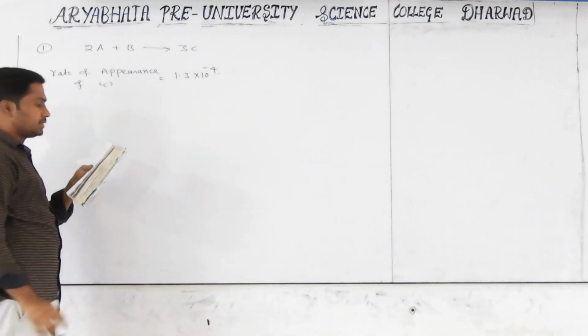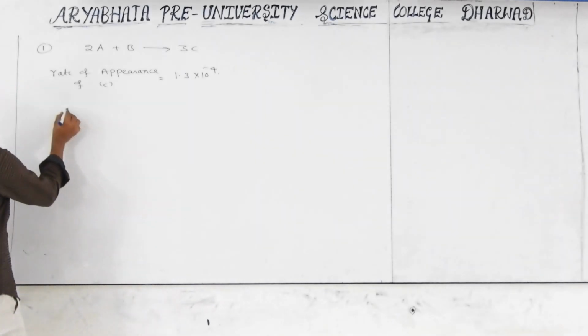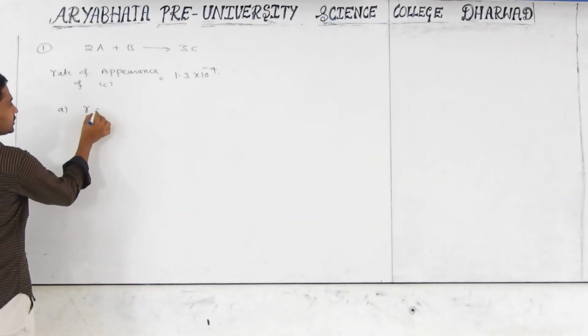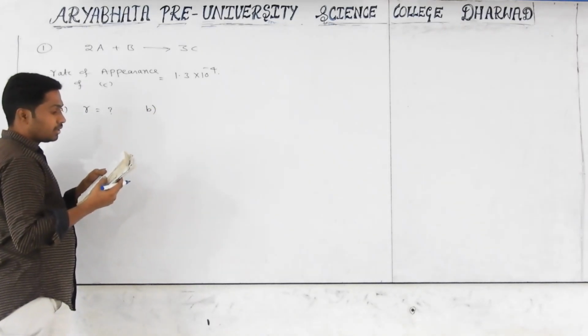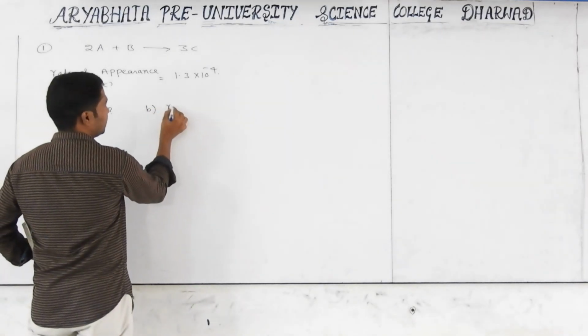Next, the first part is asking the rate of reaction, and the second part is asking the rate of disappearance of A.